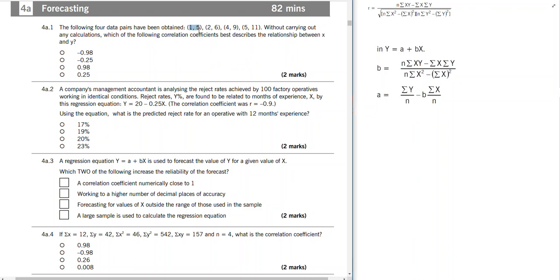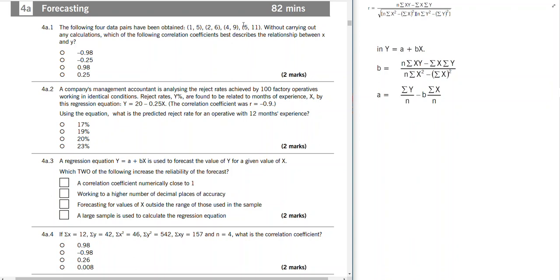So if X and then Y, there's a positive relation because as one increases, the other increases as well. So you would eliminate A and B because they are negative. When we have 1, then 5, then 2, 6, 4, 9, 5, 11, if we wanted to choose between 0.98 and 0.25, it seems more like 0.98 than 0.25, because 0.25 would mean very small change.